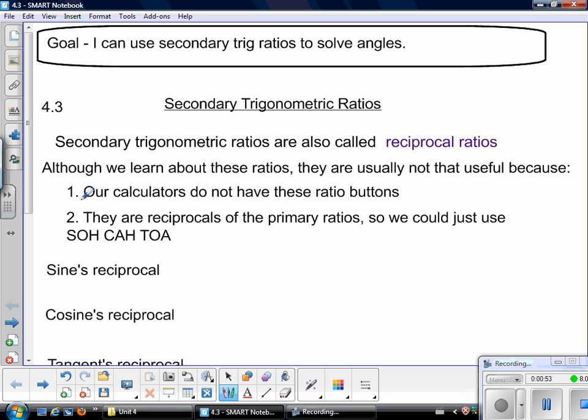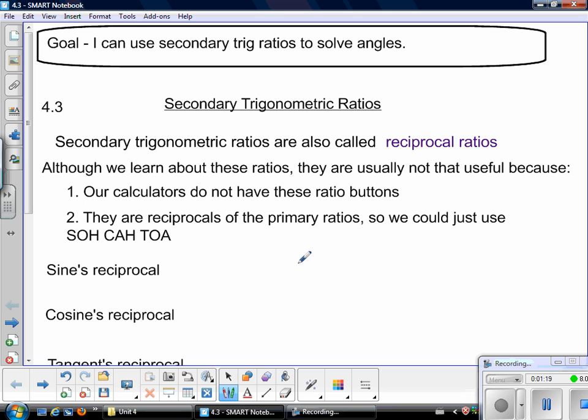First of all, guess what? Our calculators do not have these ratio buttons. So that's a big issue for us because it means we're going to have to find some way to use our calculators to give us the information we want. The other reason why it's not useful is that if they're reciprocals of the primary ratios, which they are, why not just use SOHCAHTOA? And that is very true.